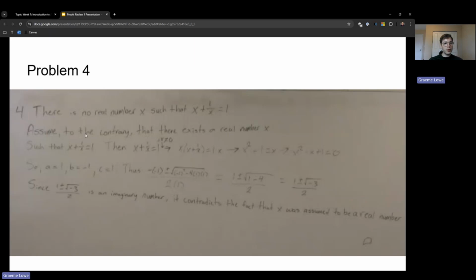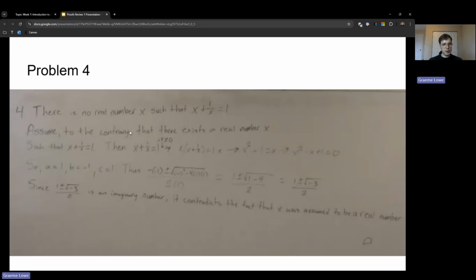The important part here is we're going to assume to the contrary, and then as we start to solve, we look for any contradiction with the contrary statement. So we're going to take the contrary of the result and see if that's false. And if we can find that the contrary is false, then we'll know that this original result is true.